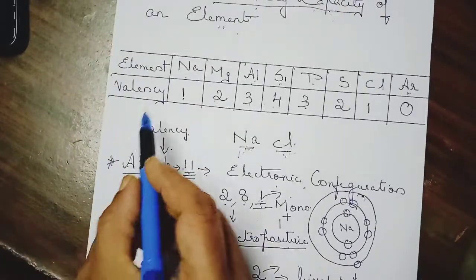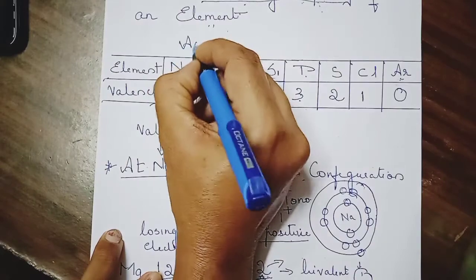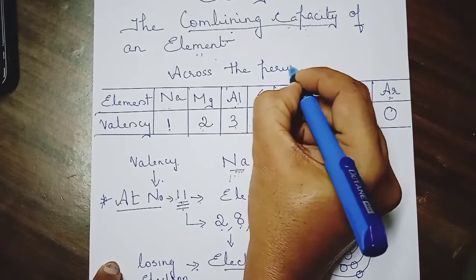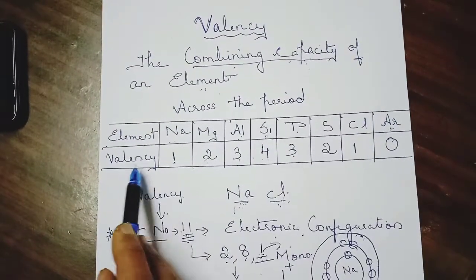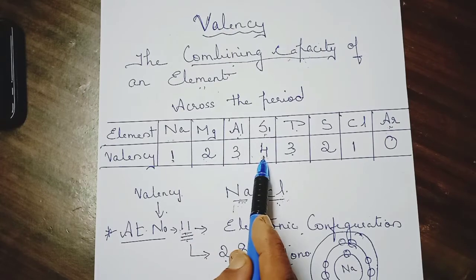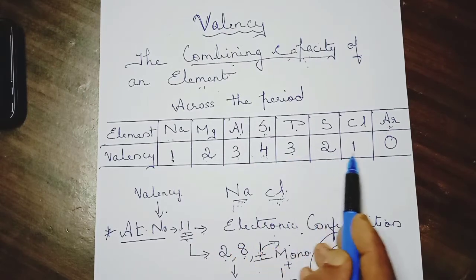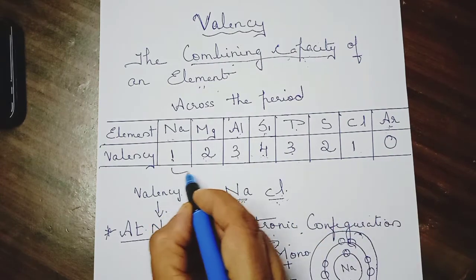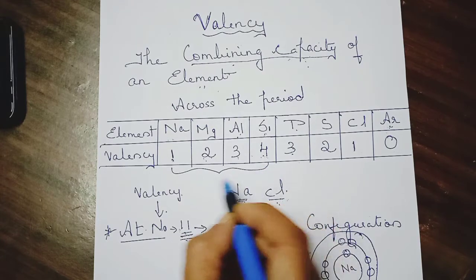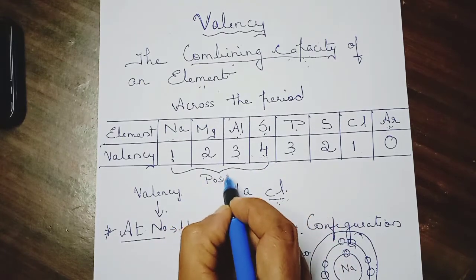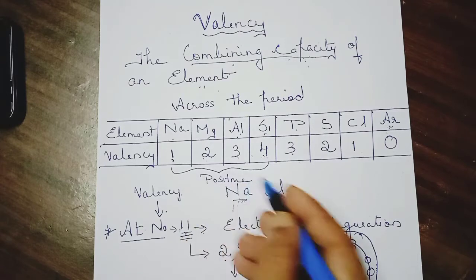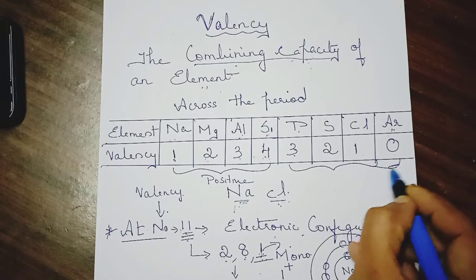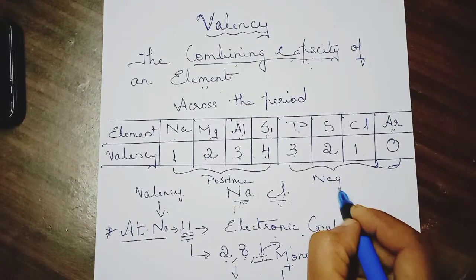So now see, this is across the period. Across the period, the valency increases first and then again it decreases and then it comes to 0. So all these are electropositive because they give electrons, and these are all electronegative.